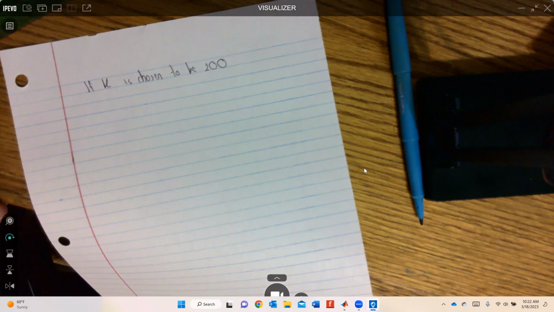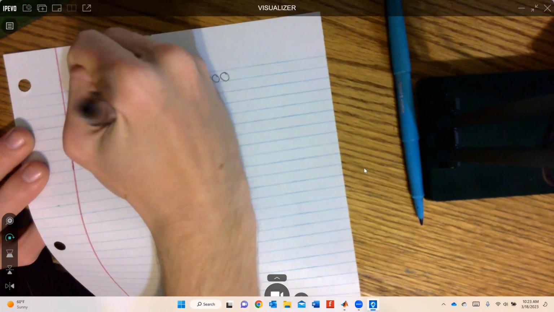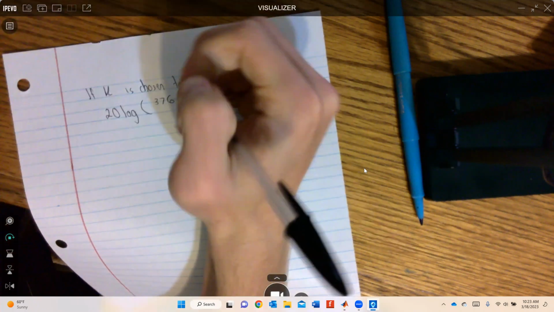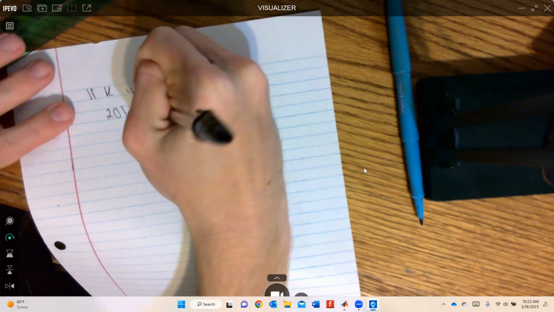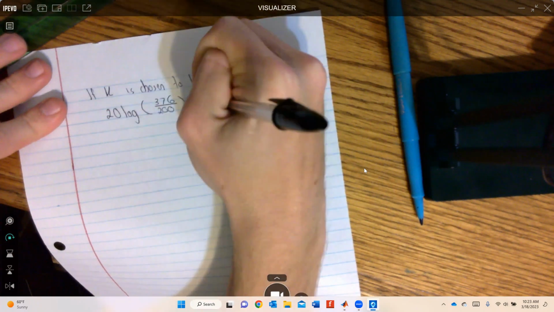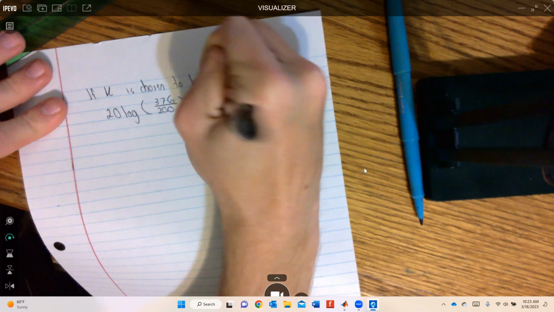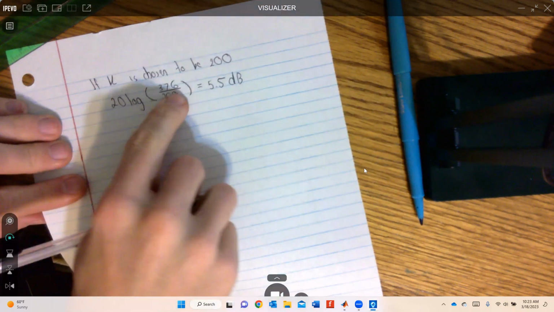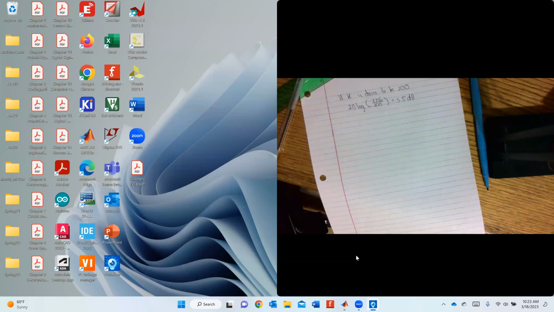And so we need to calculate the new gain margin in order to determine what we can have. And so what we're going to do is we're going to have 20 log, and then we had our maximum gain margin, which is 376, divided by the K chosen, and that's going to determine our new one, which is 5.5 dB. So you do your max divided by what you choose. And so 20 log of your max divided by what you choose.